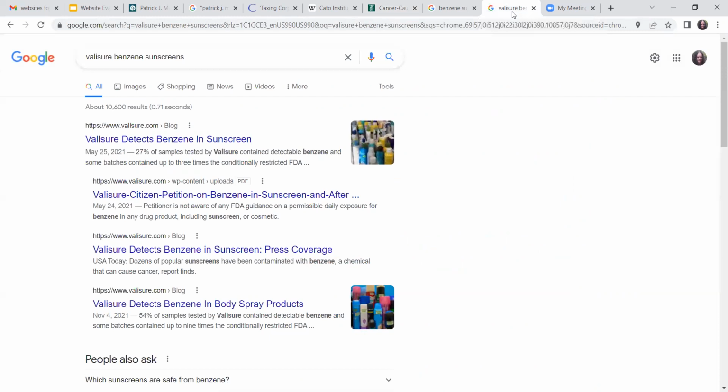So I'm going to do another search for Valley Shore benzene sunscreens. And I see that there's a website here from Valley Shore, a news report on their blog announcing that they detected benzene in sunscreens. And then here is a citizen petition and other resources from Valley Shore, the original source of the petition to the FDA.